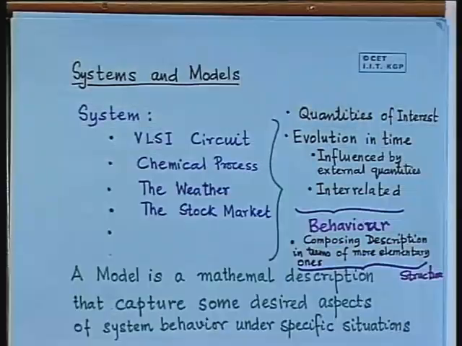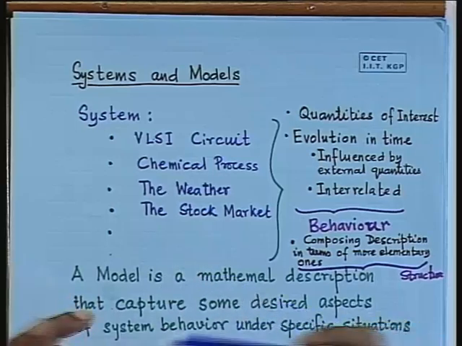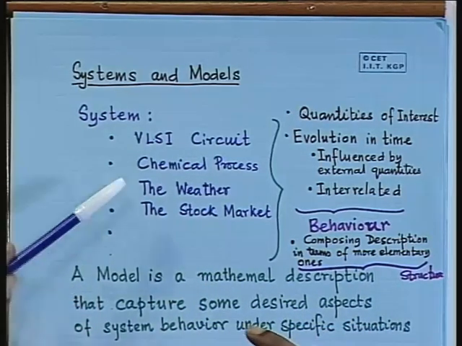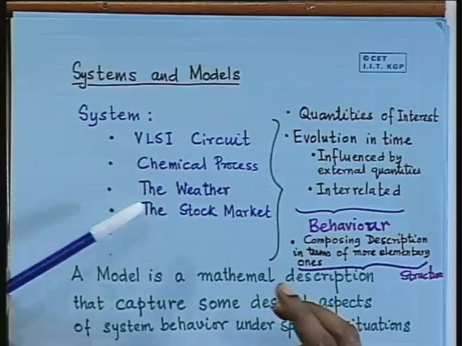So I would not try to define a system, because we all know what it is, but rather I would like to start with some examples. For example, a VLSI circuit, or a circuit, VLSI or not, is a system. A chemical process could be a system. Our global weather is a system. Even the stock market is a system.